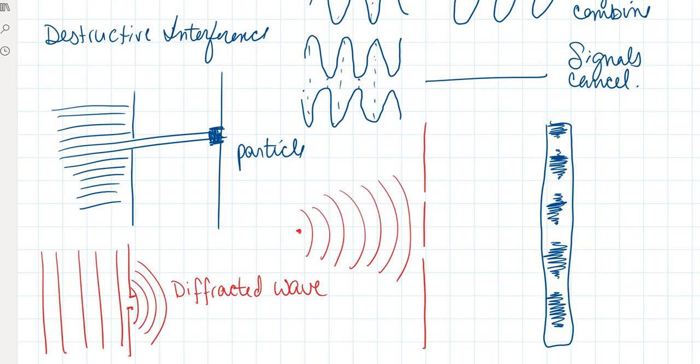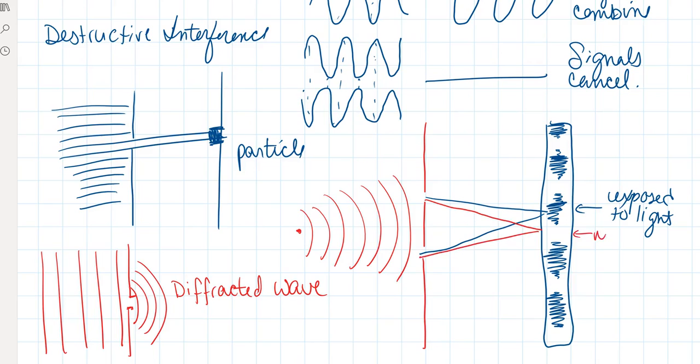And so we would say that if we had constructive interference, this is the area that was exposed to light. One thing that was really interesting is that whenever we had destructive interference and no exposure, the distance between the most developed and the least exposed was equal to half of a wavelength.